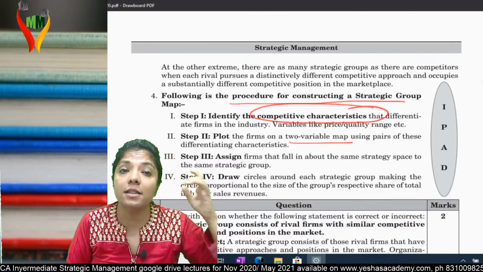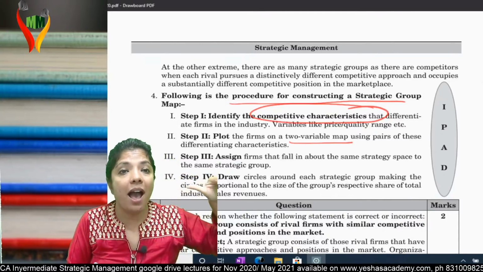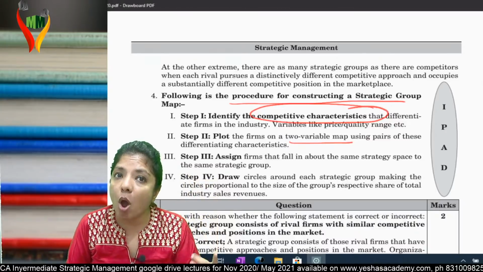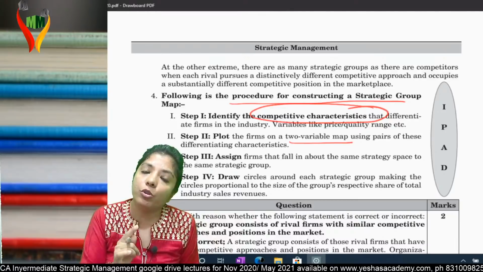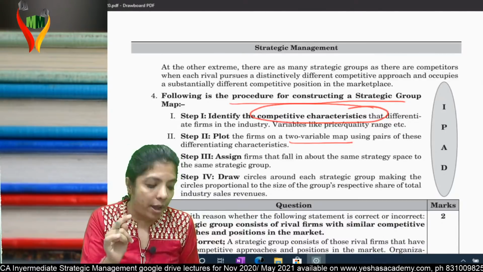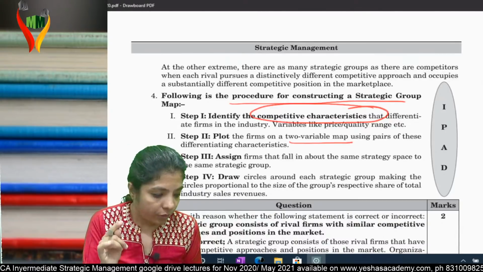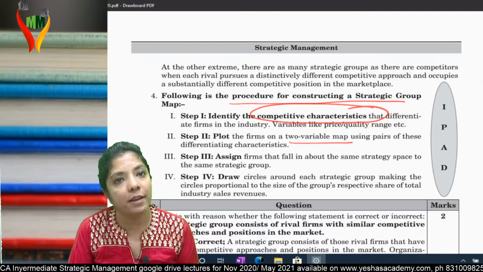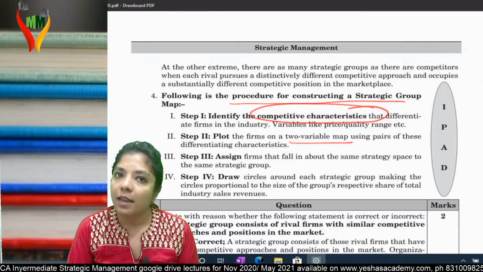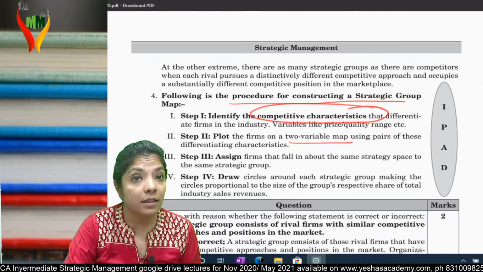So what is the shortcut? IPAD. I identify, P plot, A assign, D draw, and you should learn one more term over here, competitive characteristics. Am I clear? Can I go ahead? Is this clear, boss?